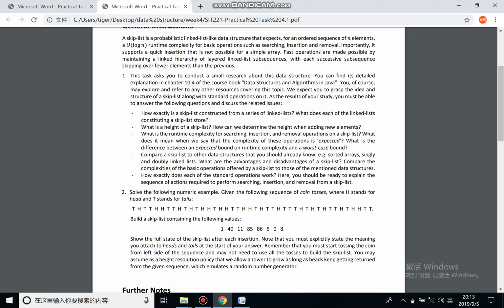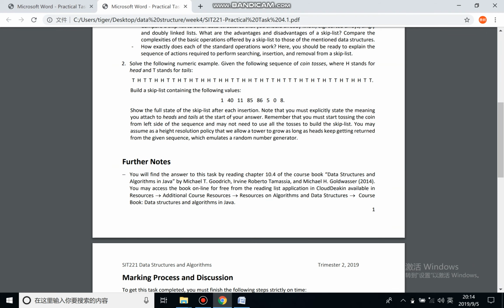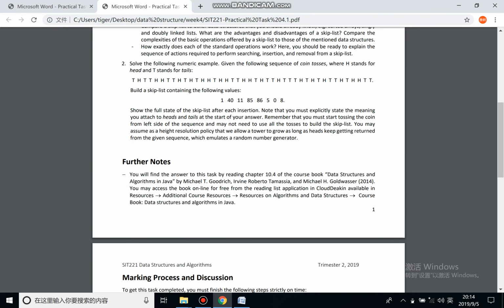When n is max, we have log n layers, but usually when we construct it, it will not have that many layers. So move to the second question.